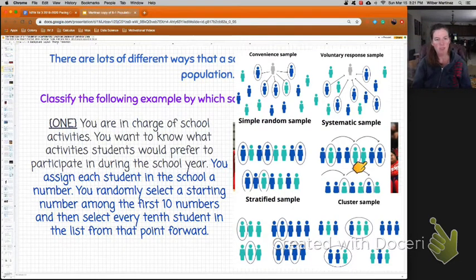So that's an example of this one, systematic sample. Remember, this is the one where you would say 1, 2, 3, 4, 1, 2, 3, 4, 1, 2, 3, 4, and say every fourth person, you're going to take my survey. So that's what this is saying, randomly selecting a person starting with a random number, and then every 10th person after that. So there's a system to it, systematic.